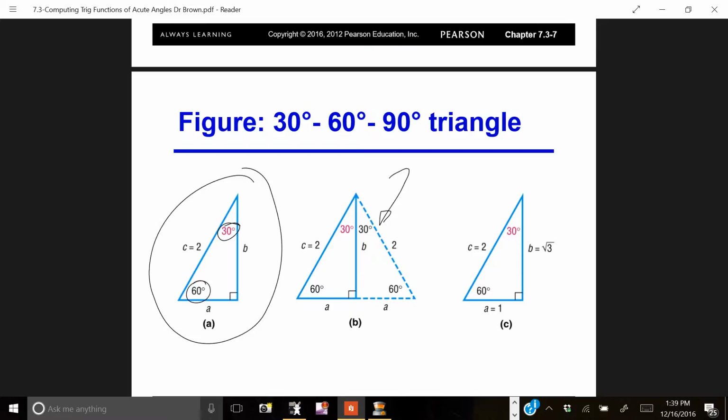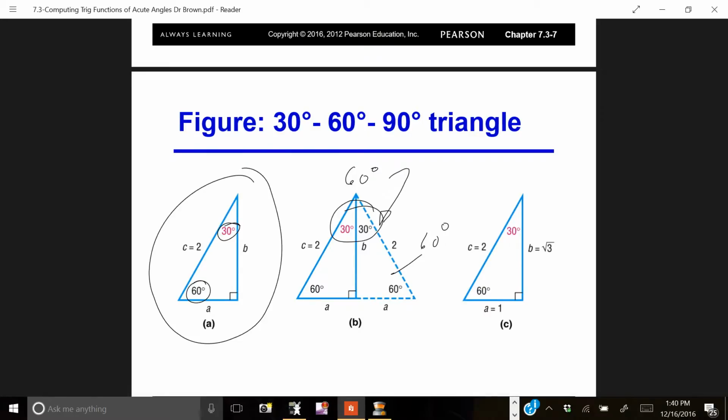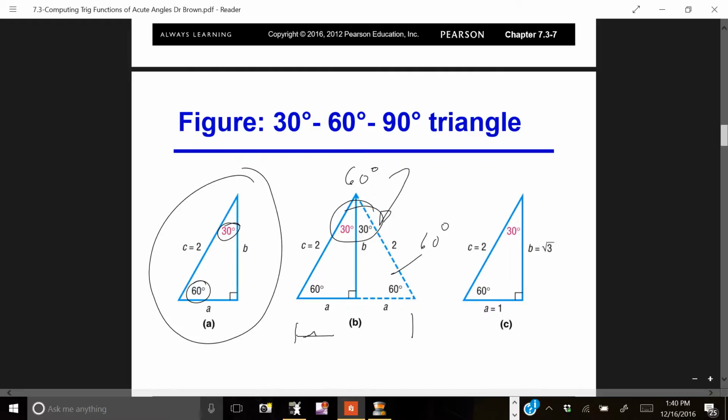And when we do this, we have an equilateral triangle with the angle up here being 60 degrees, the angle here being 60 degrees. And notice that since it's an equilateral triangle, this side is going to be 2.